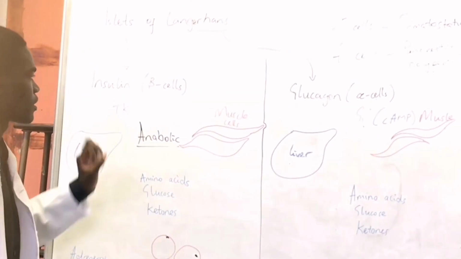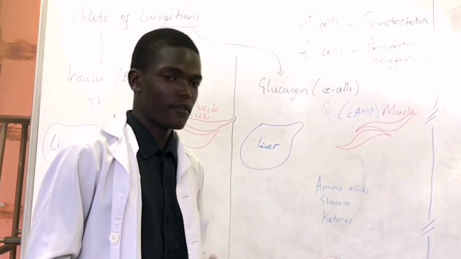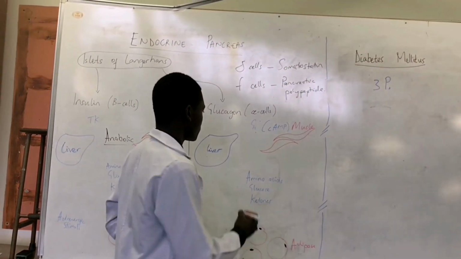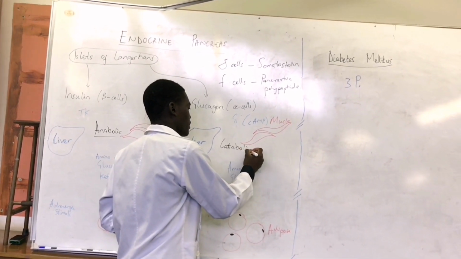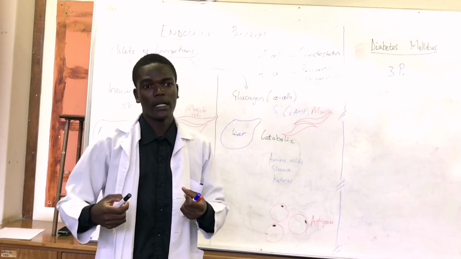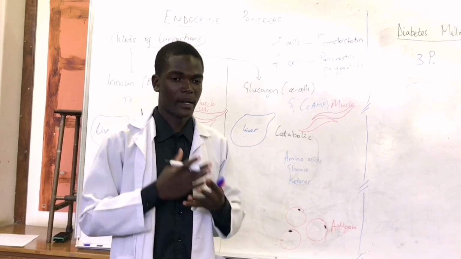Starting with insulin, it is anabolic. If insulin is anabolic, glucagon is catabolic. So what do we mean by anabolic and catabolic? Anabolic is building up, and catabolism is breaking down.